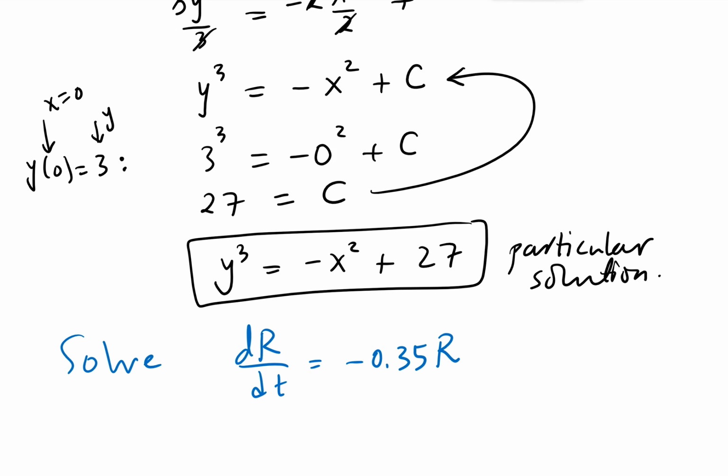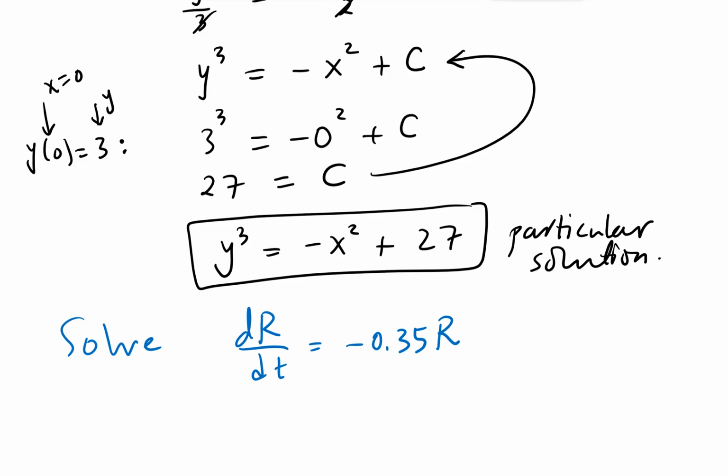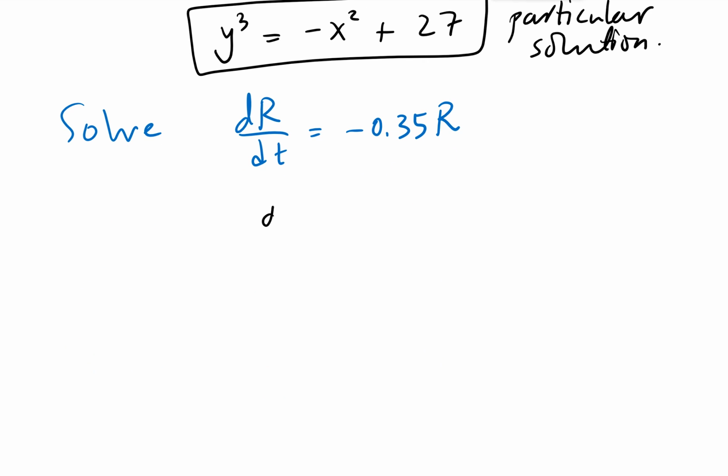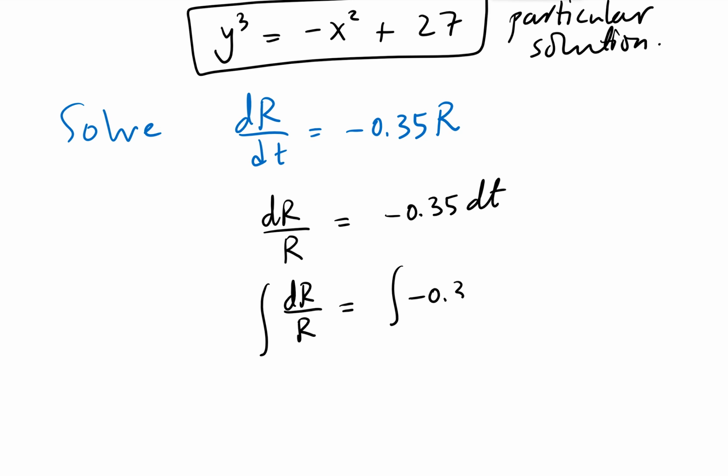So we're going to separate them. How do we separate them? We bring the r down here and move the dt to the right side. Then integrate both sides.